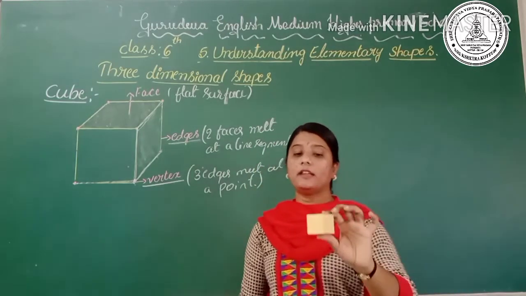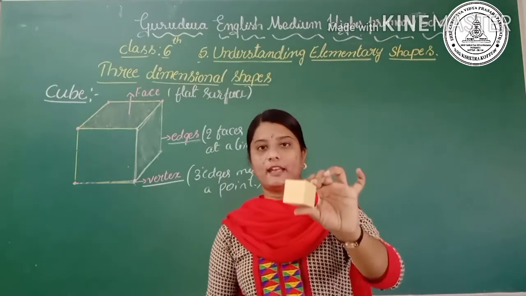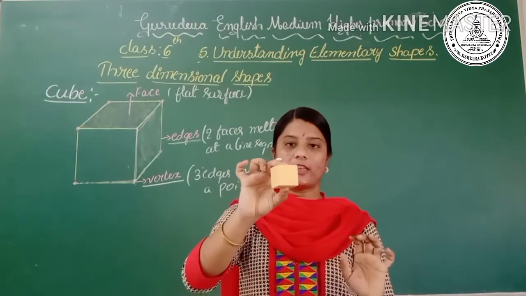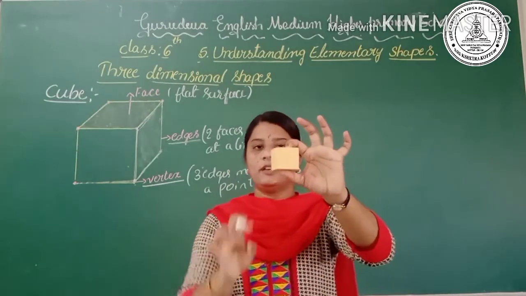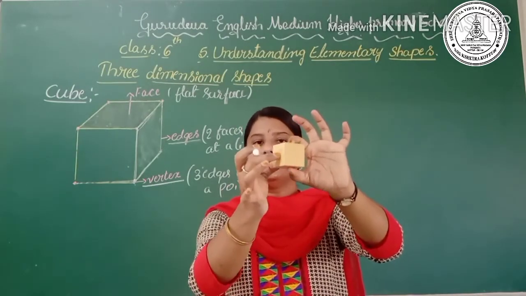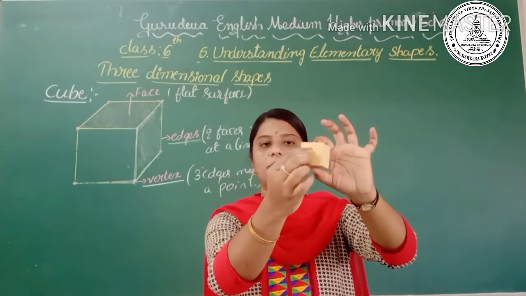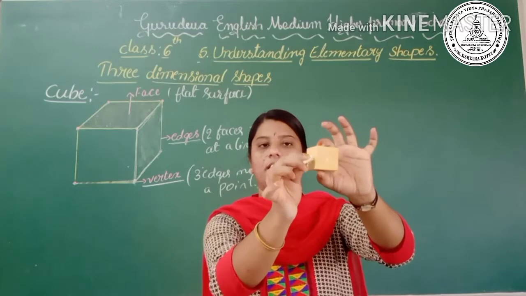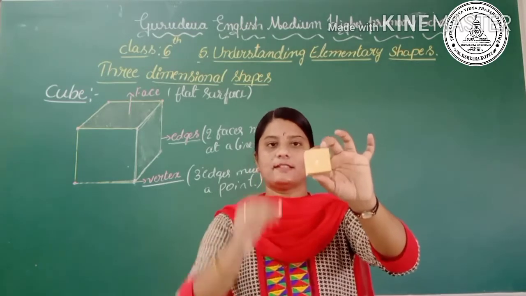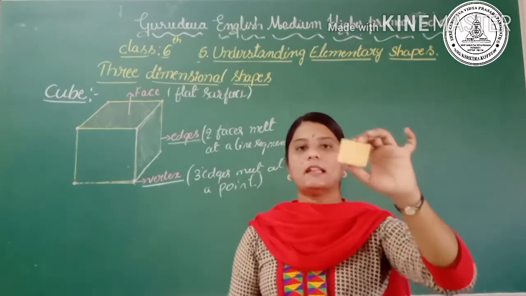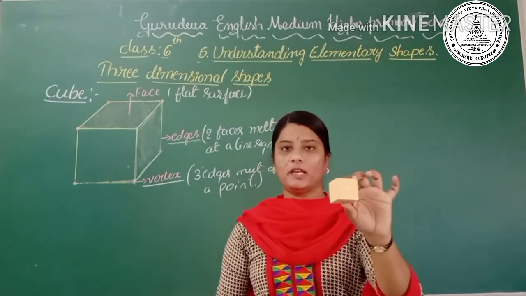Count how many faces there are for this cube. It has 6 faces. Here 1, 2, 3, 4 faces on the sides, and one face on the upside and one face on the downside. Totally, the number of faces of the cube is 6.